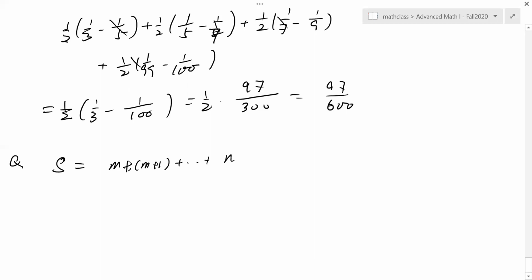For example, S is going to be 7 plus 8 plus 9 plus 10, all the way to 97. All right, now how do you add them together? Do you still remember how to do this problem? Do you remember?